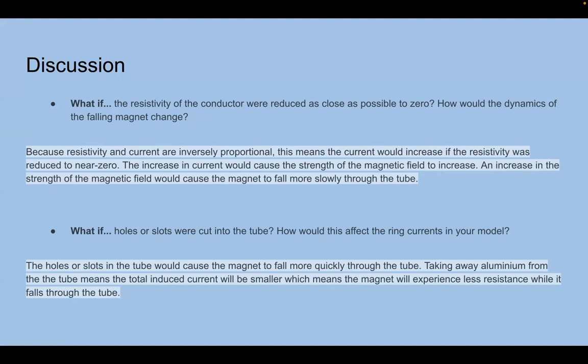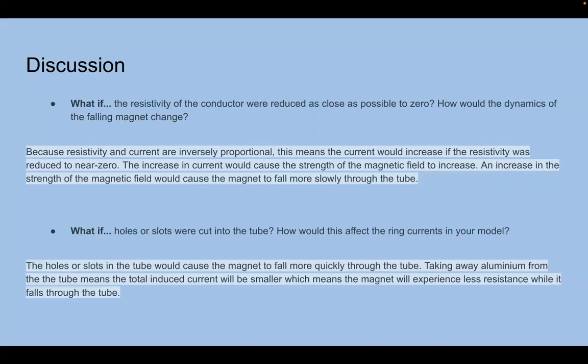And then what if holes or slots were cut into the tube? How would this affect the ring currents in your model? So the holes or slots in the tube would cause the magnet to fall more quickly. And this is because taking away aluminum from the tube means the total induced current will be smaller, just because you're losing material and you're disrupting the induced current by putting little gaps in the tube rather than it being just one continuous tube.